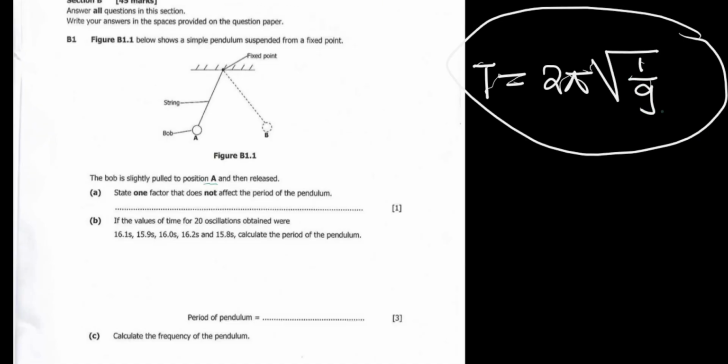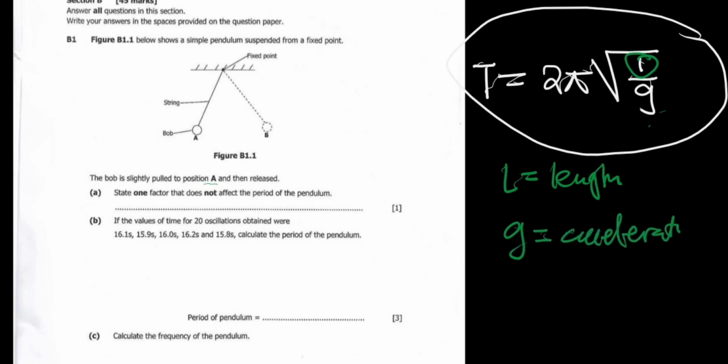So this g is the acceleration due to gravity, and the L here is the length. So you can see that the length and the acceleration due to gravity are going to affect the period of the pendulum because they are part of the formula.